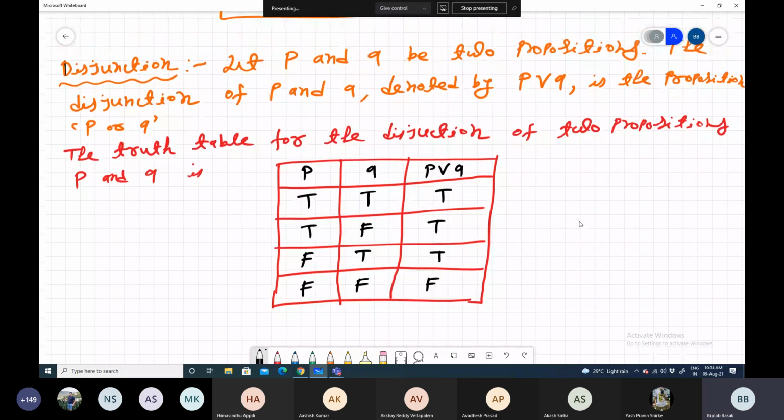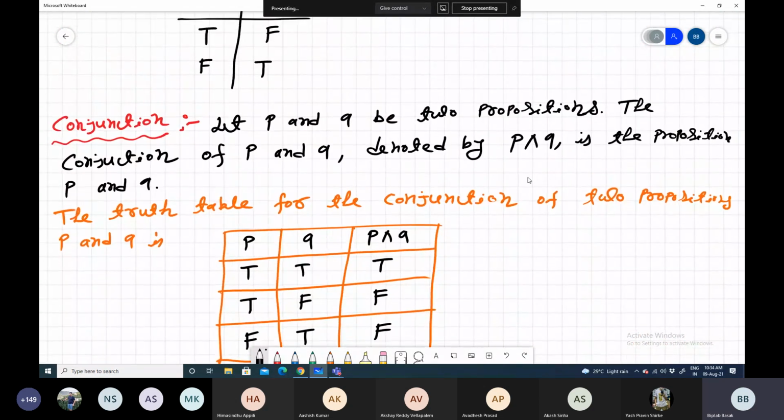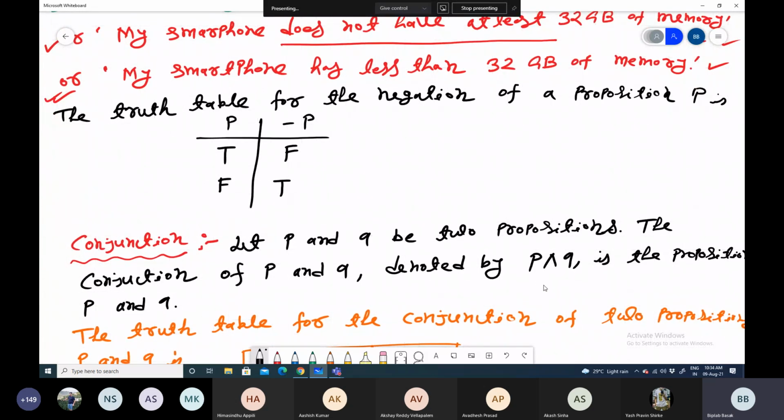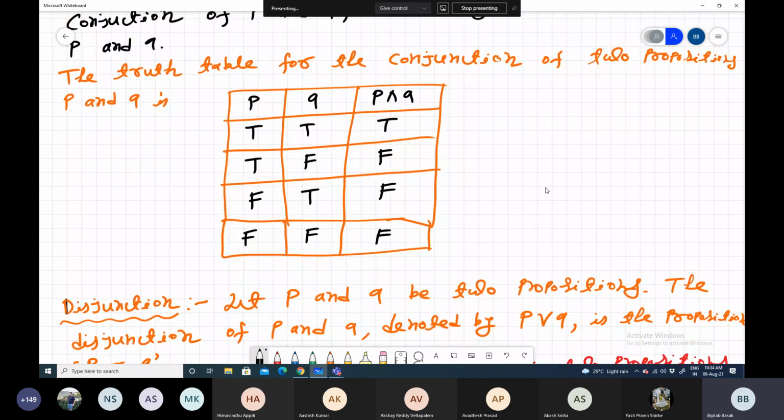Why are we defining these terms, conjunction, disjunction, negation? After that you can play with all of these logic operations. You can choose any propositions, say P, Q, R, apply these logic operations and find out which are equivalent, which are not. You can find a truth table. You can just play with all of this.